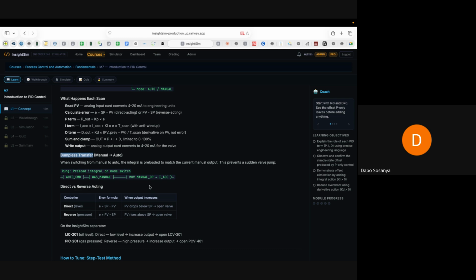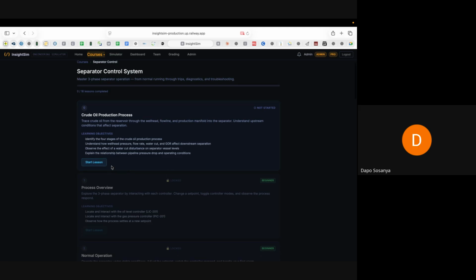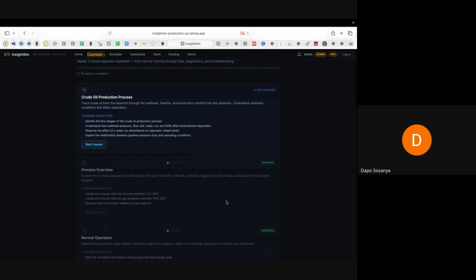And all of these concepts, pardon me, but I'm excited about this system. This separator simulator is a system lesson, right? It essentially models the oil production from wellhead into separation into its components and all the different control systems and algorithms involved.